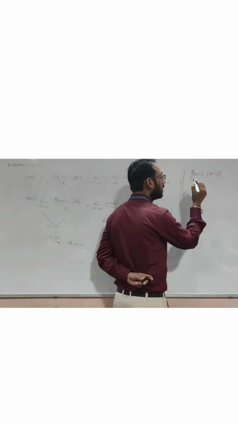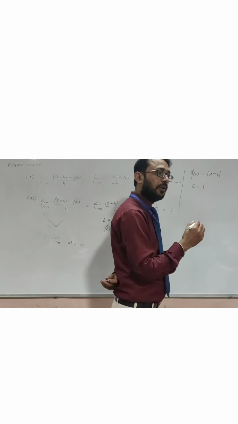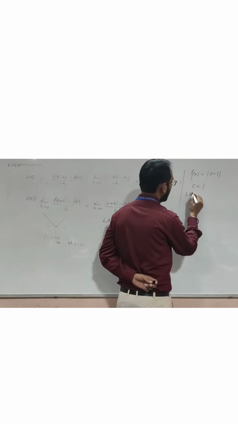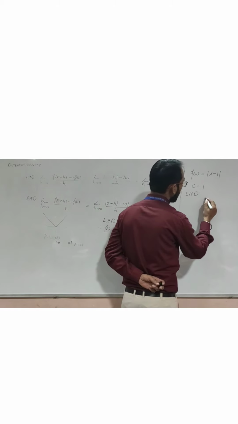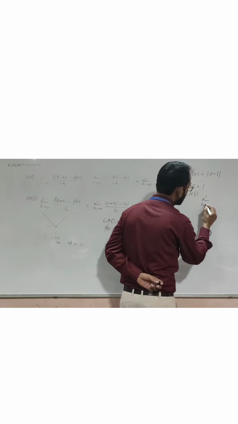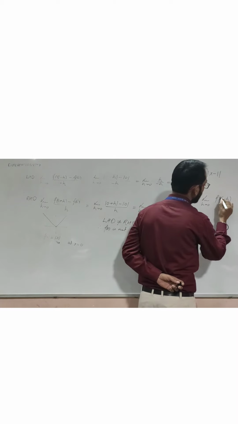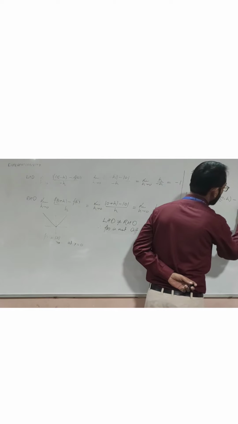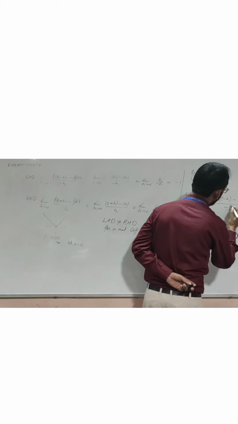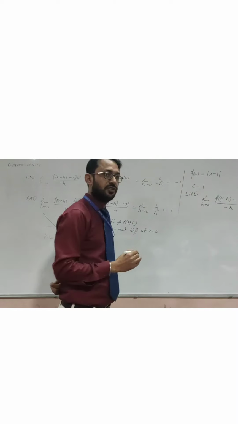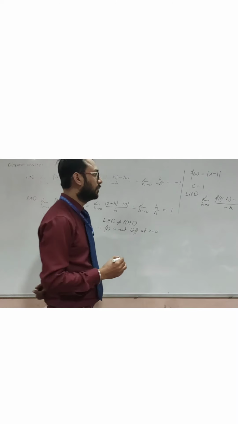So let us see the formula for the left hand derivative: limit of h tends to 0, f(c minus h) minus f(c) whole upon minus h. Let us put the values.